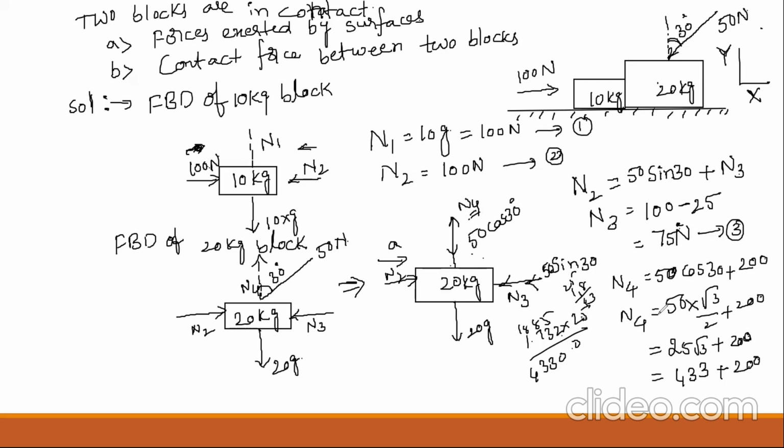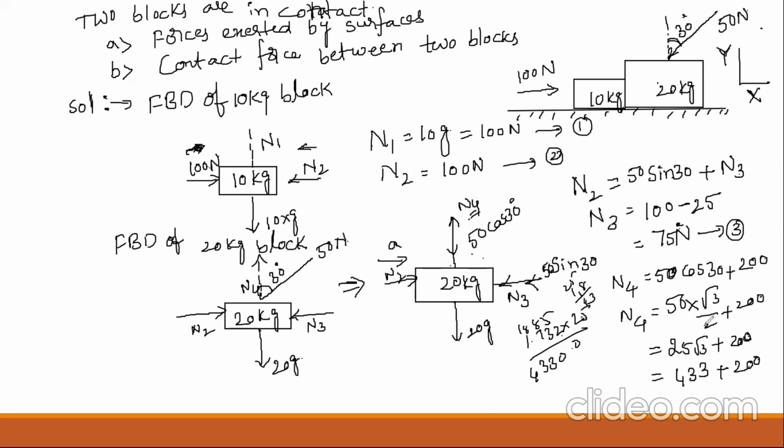But you observe, what about N4? N4 and this 50 cos 30, both are in opposite directions. So we took it like this. So 50 cos 30. Cos 30 is sin 60, sin 60 is root 3 by 2. 25 root 3 plus 200.